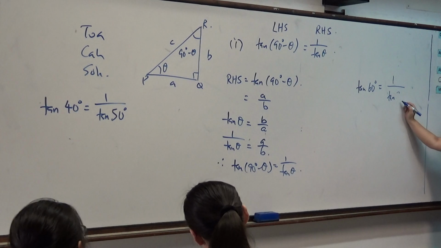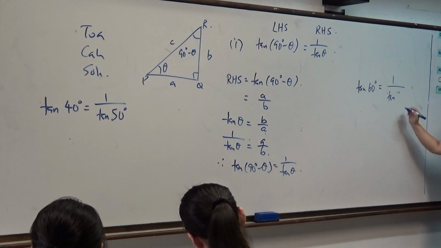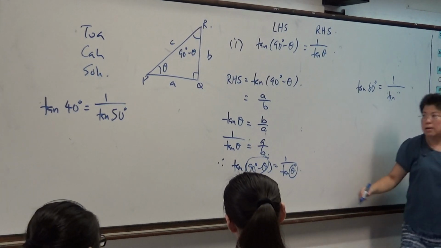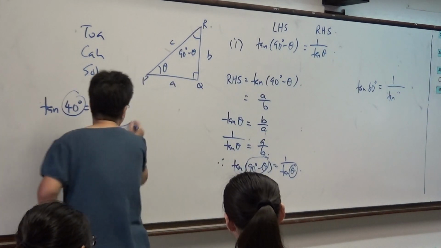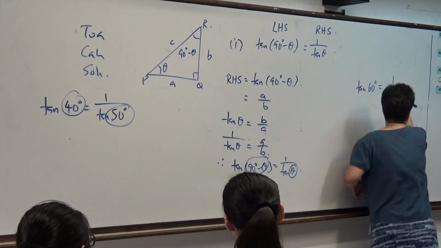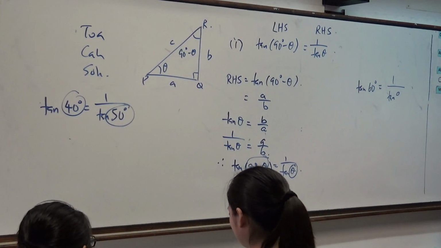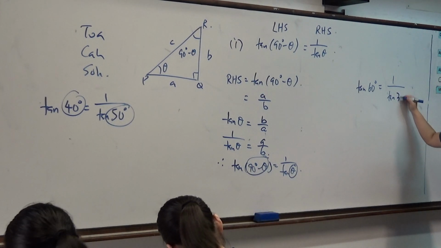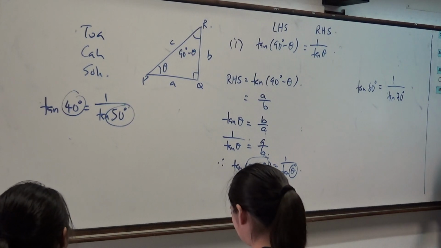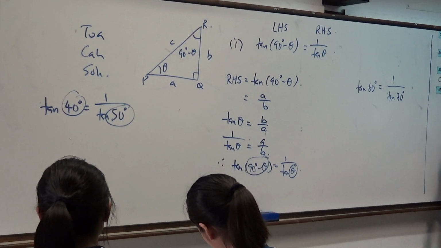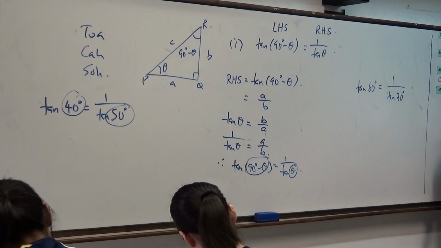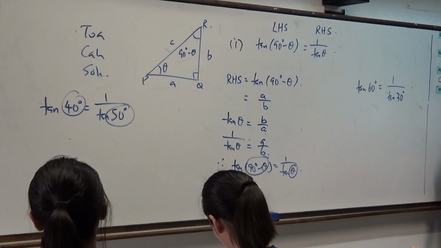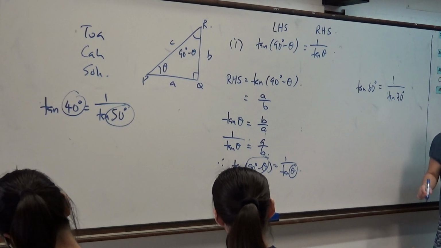I said this one and this one add up to 90. This one and this one add up to 90. Okay, I wrote nonsense, right? 30 degrees. Press tangent 60 and 1 over tangent 30. What is it? Is it the same? Yes.